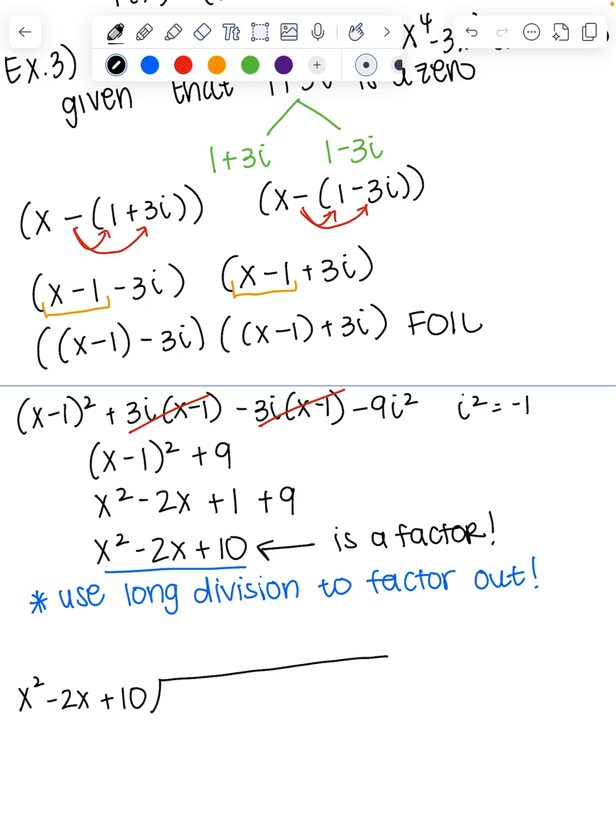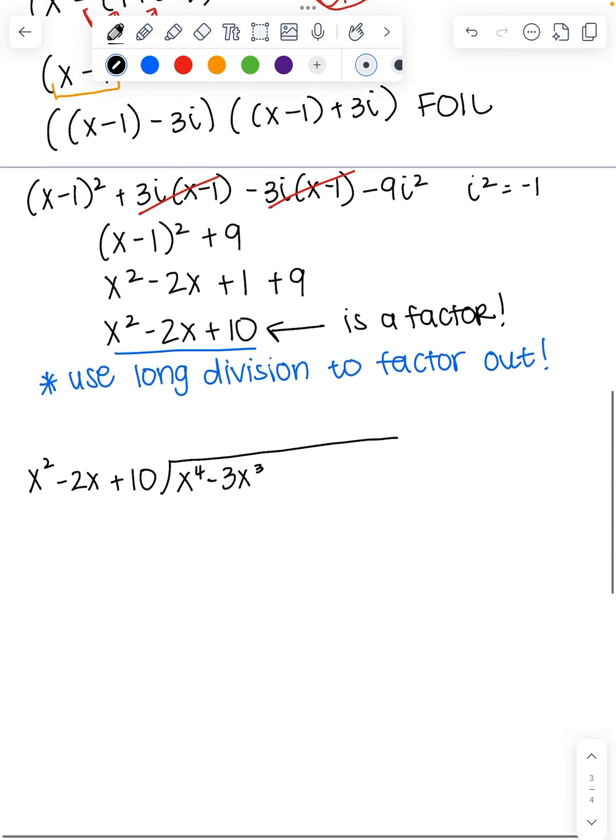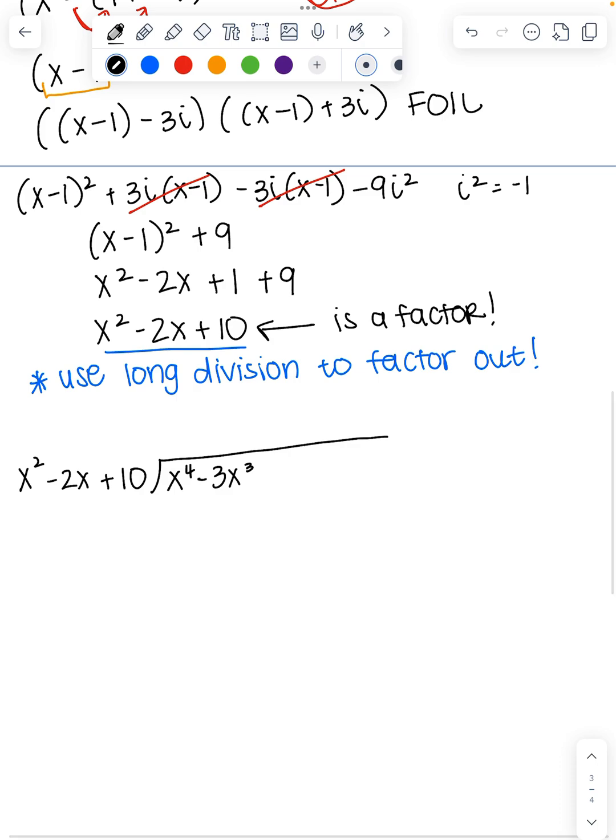Going into, what was my original question? I have x to the power of 4 minus 3x cubed, whoa, plus 6x squared plus 2x minus 60. Okay, first part, what will get me to x to the power of 4? I have x squared. Okay, and then multiply it back.